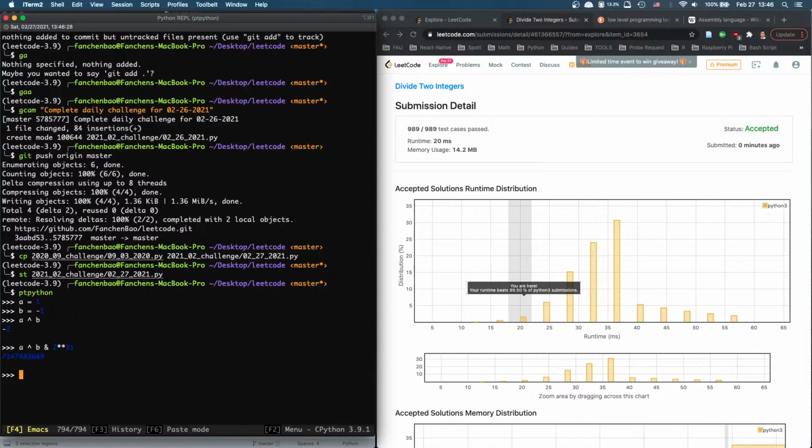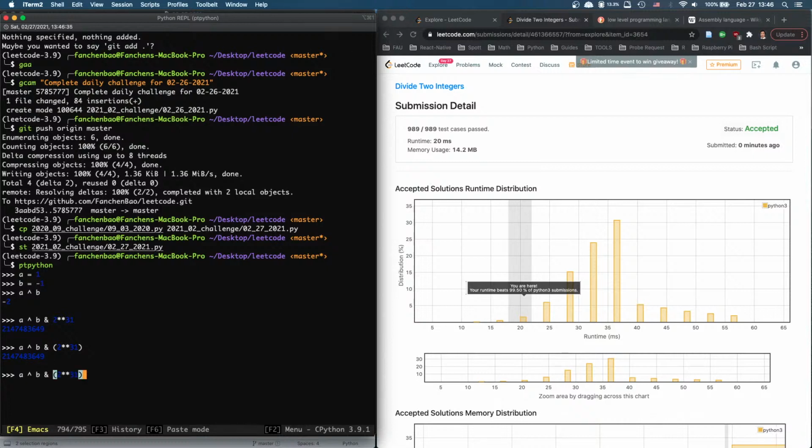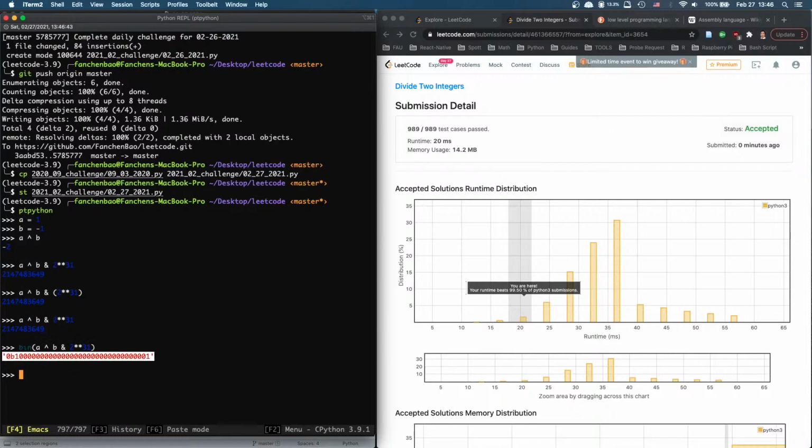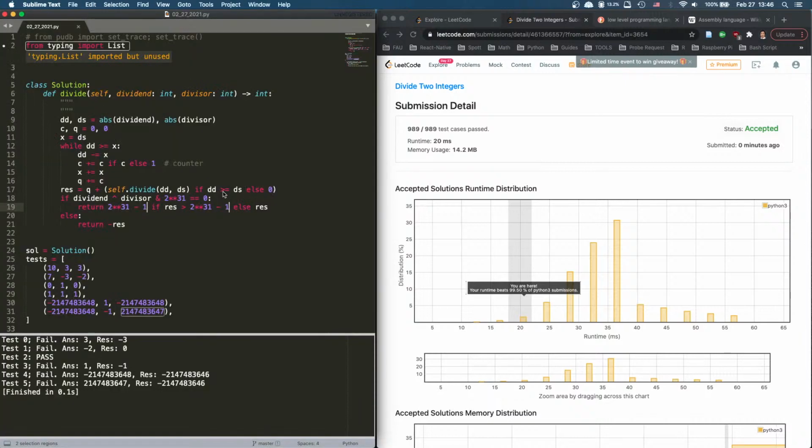Wait, what is this value? So maybe do I have to do this? No, you don't have to do this. What's the binary value of this? Yes, that's correct.